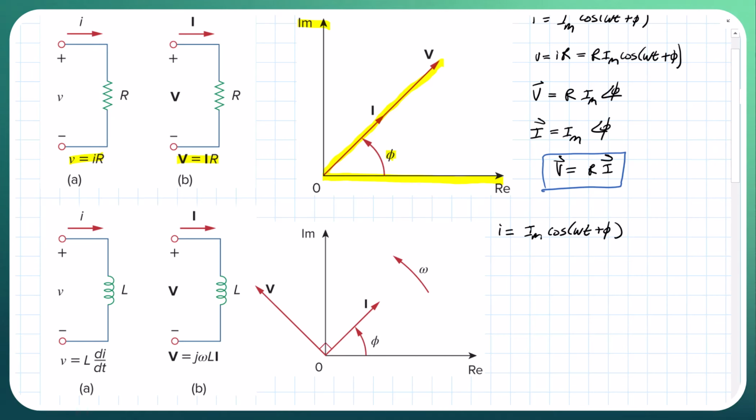The voltage across this inductor is going to be V equals L di over dt, which is going to give us minus omega L Im sine omega t plus phi.